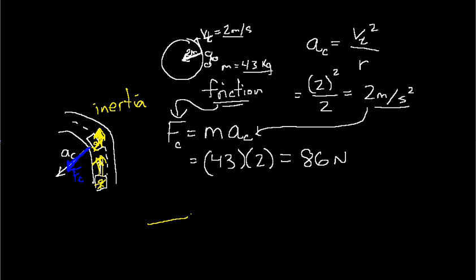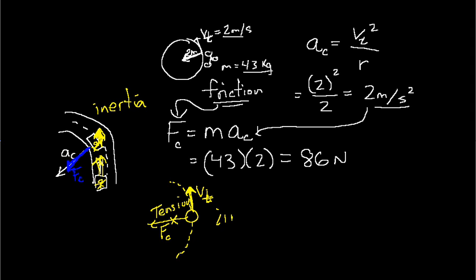Same thing with a ball on a string. You've got tension in the string, and that's going to provide the centripetal force as the ball is going in a circular path. But if the string breaks, the ball is going to fly off in the same direction as the tangential velocity, because it's going to want to keep on going straight.